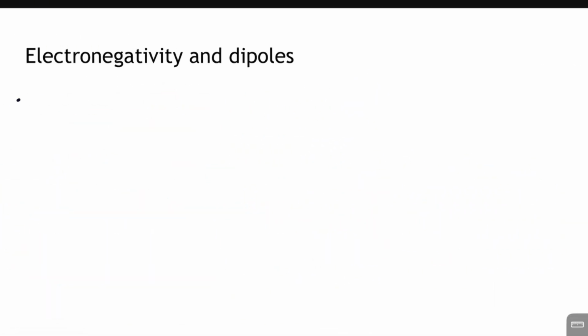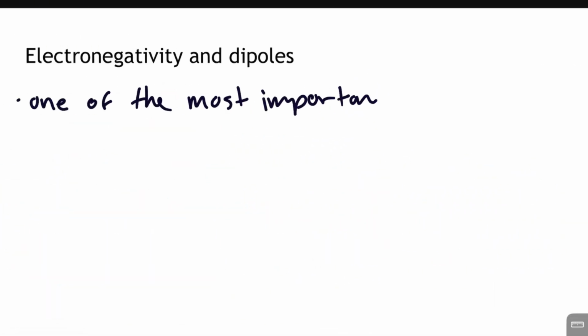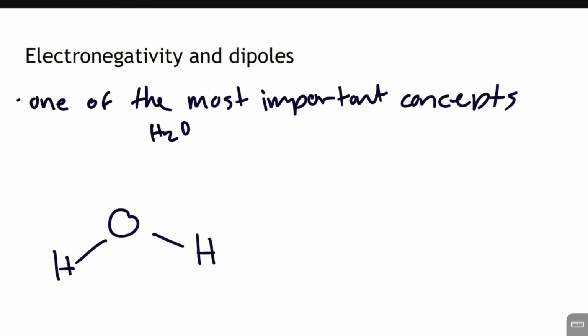So electronegativity and dipoles are some of the most important concepts in organic chemistry. If we look at this molecule of water, we'll notice that the oxygen is a lot more electronegative than the hydrogen, and this creates a dipole. And so you'll have a region that is more electronegative and one that is more electron scarce.